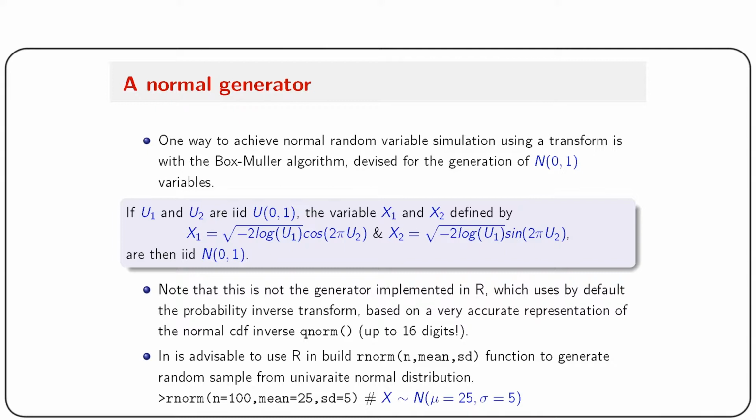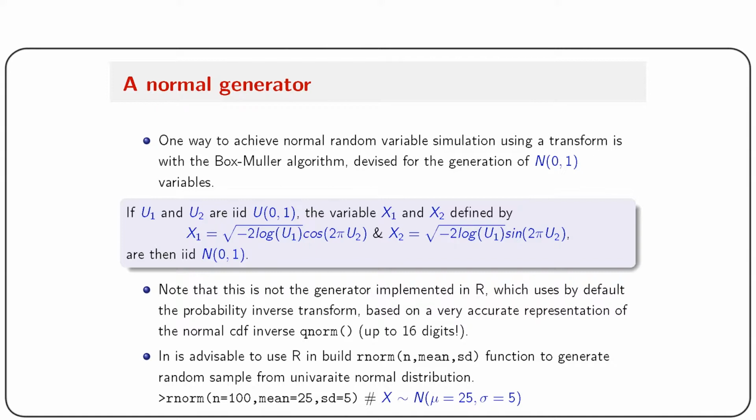Note that this is not the generator implemented in R, which by default uses the probability inverse transform method based on a very accurate representation of the normal CDF inverse by the qnorm function, up to 16 digits.